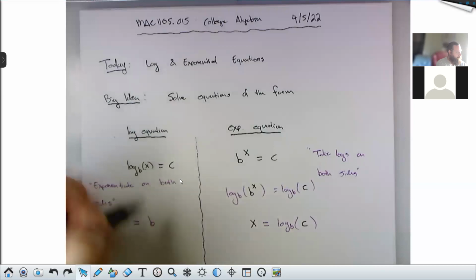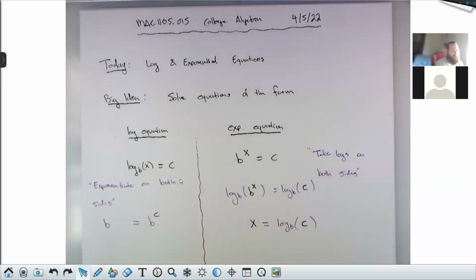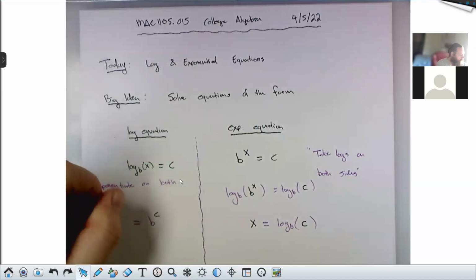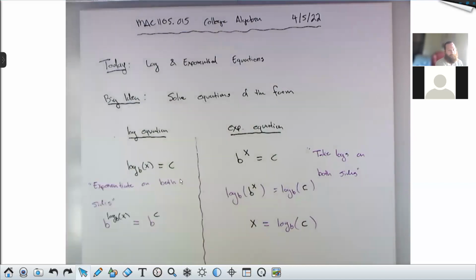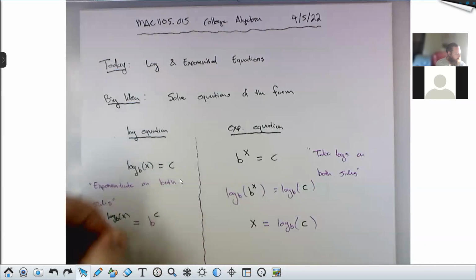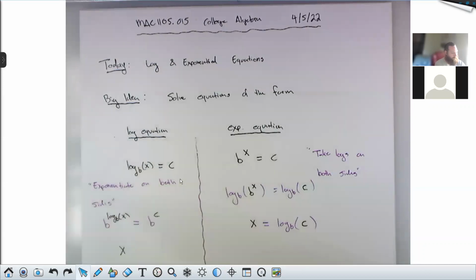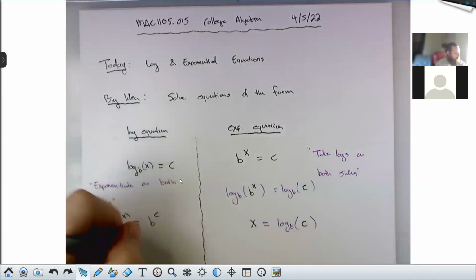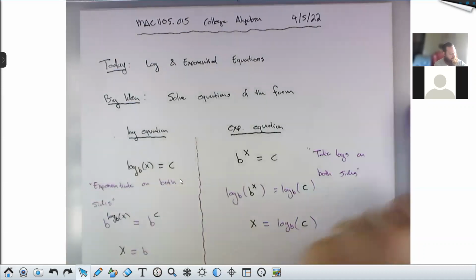So c will become b to the c, and the log base b of x will become b raised to the log base b of x. And again, by our properties of exponents, on the left-hand side, if you take b and raise it to the log base b of x, this is plugging f inverse into f. You should just get x out. And on the right-hand side, you have your b to the c.